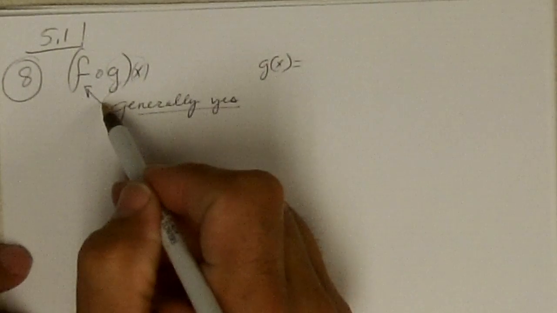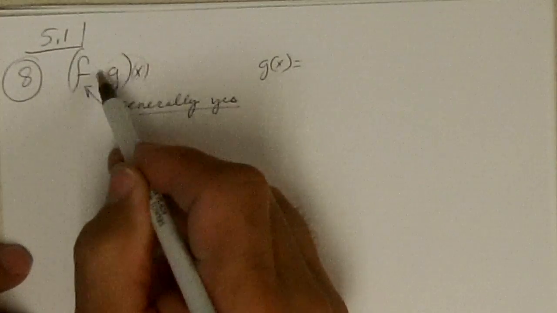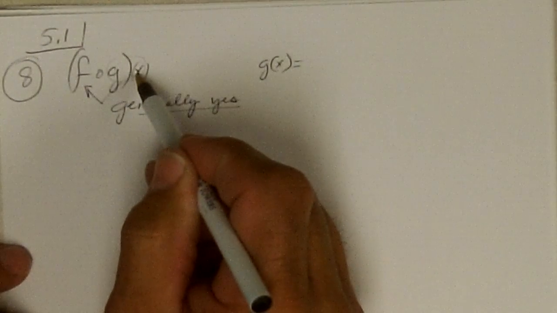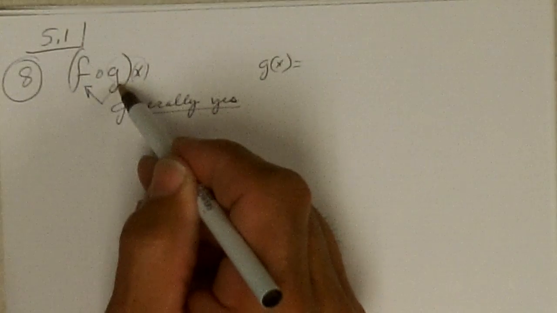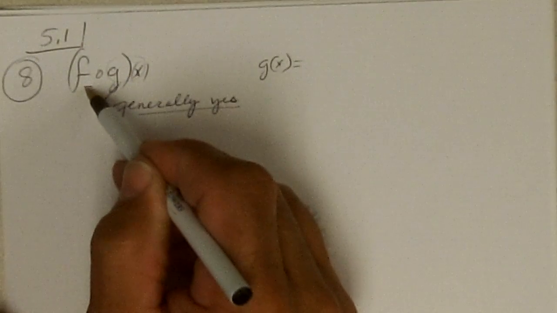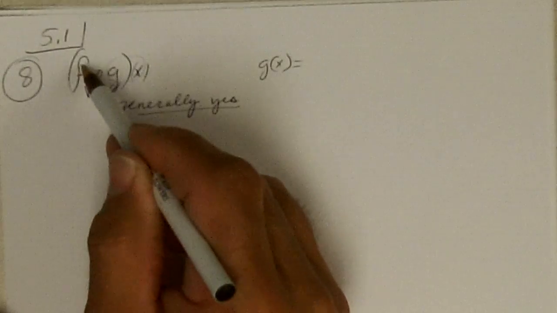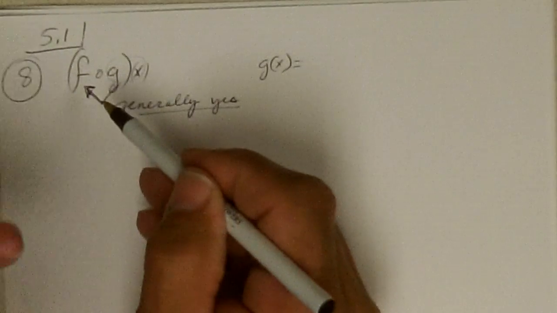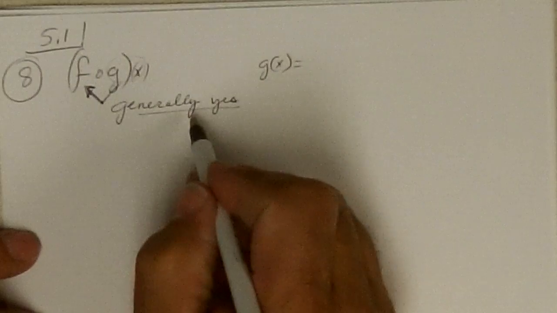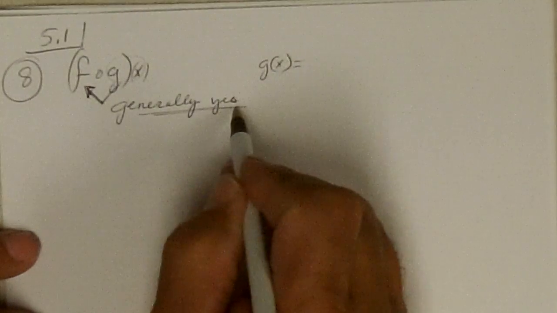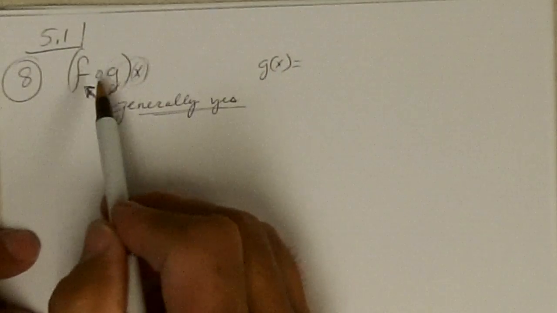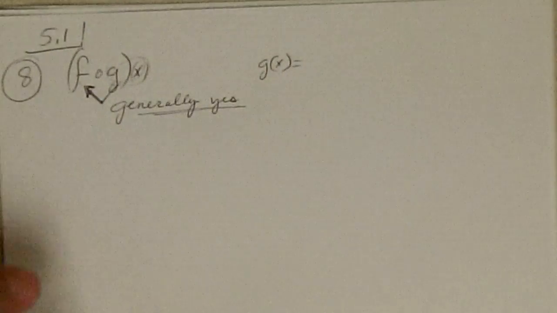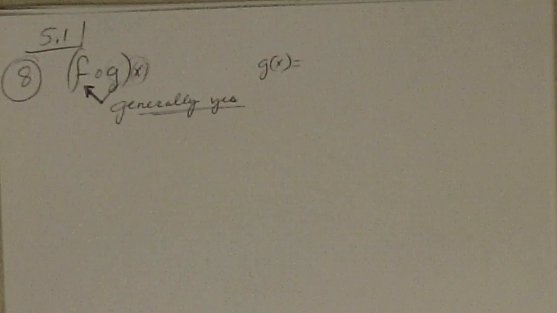And so as long as domain elements for G allow you to put it into G, and they result in range elements that can be put into the domain of F, can be put into F, then that's true. So it sort of is yes, except that the range elements that come out of G have to be able to go into F. And so that would be the restriction on that.